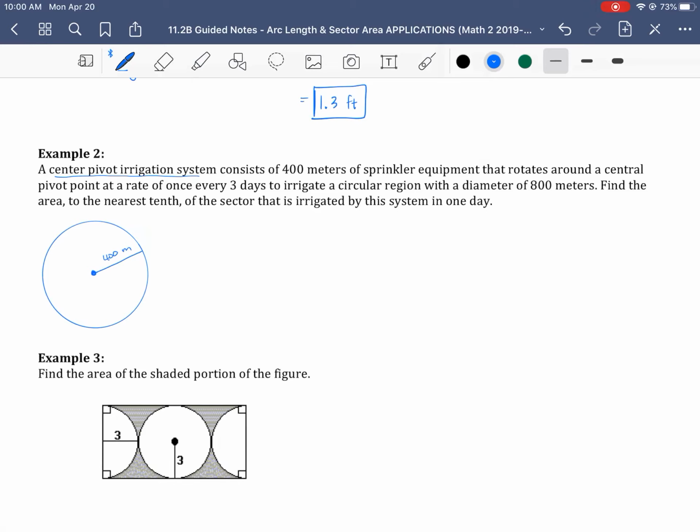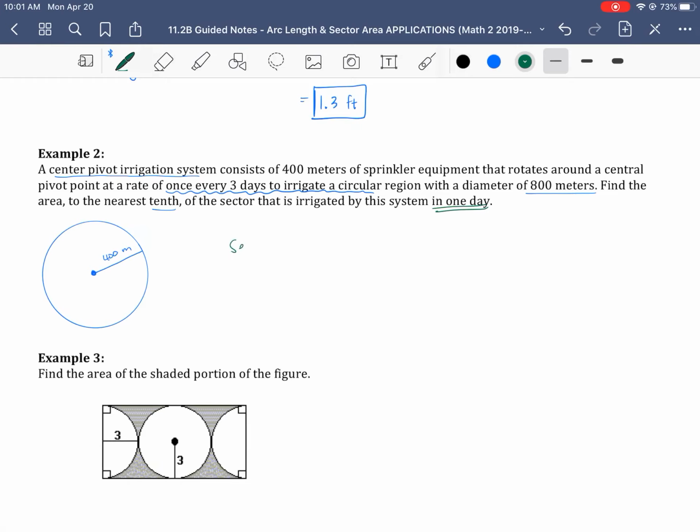And it says that it's moving at a rate of once every 3 days to irrigate the circular region. So it takes 3 days to get all the way around that circle so that they let it soak good. And it has a diameter of 800 meters, so that would make sense there, right? That's 400 meter radius, or again, diameter of 800. Find the area to the nearest tenths, so 1 decimal place, of the sector that is irrigated in 1 day.